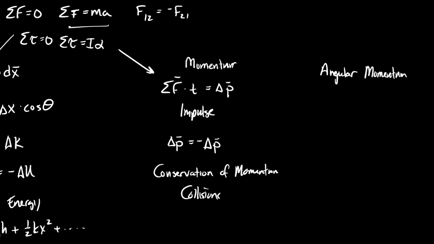There are collisions that involve angular momentum, but we also have unique situations with angular momentum that we don't have with linear momentum. With angular momentum, we have the situations where an object's moment of inertia can change while it's moving. We didn't worry about that with linear momentum. We did have the idea that an object's mass could change while it's moving. But with angular momentum, an ice skater can start spinning, have angular momentum, and then change the orientation of their arms.